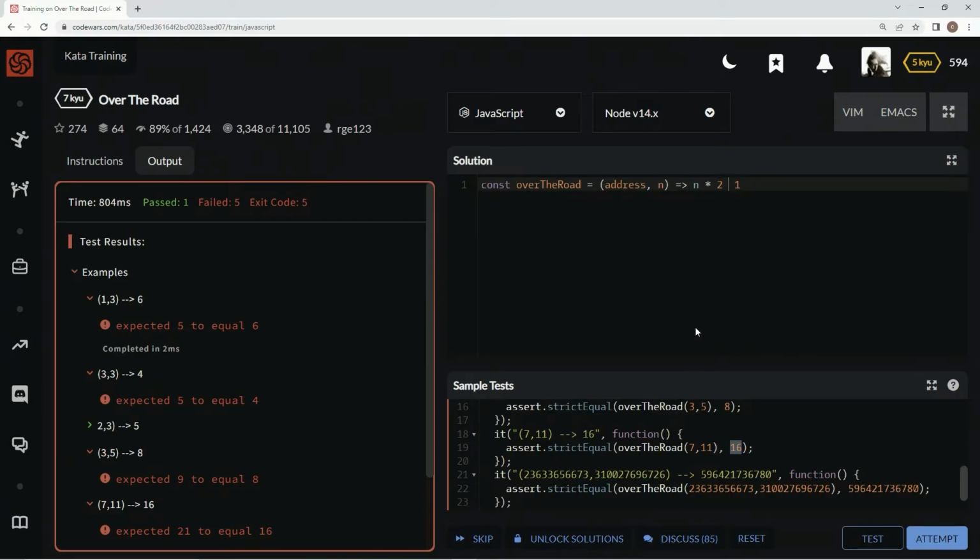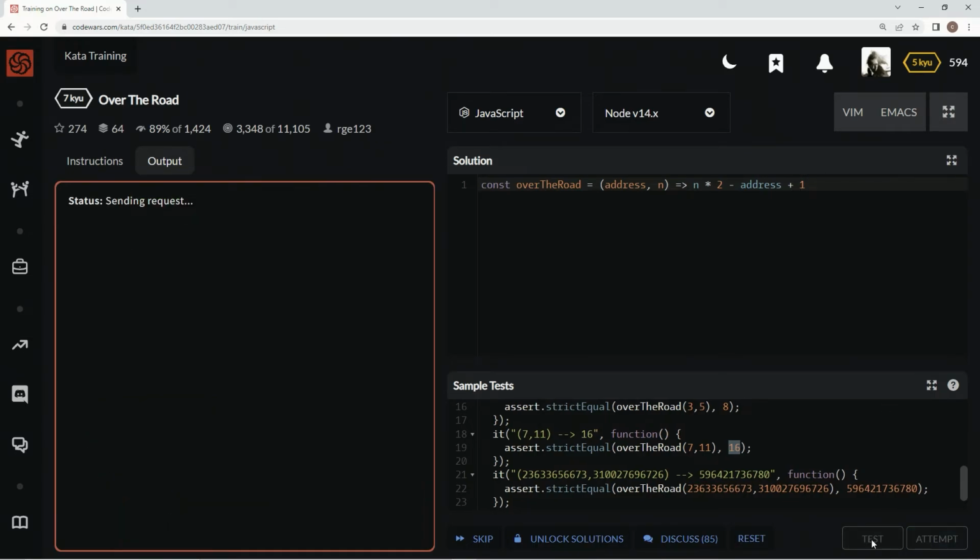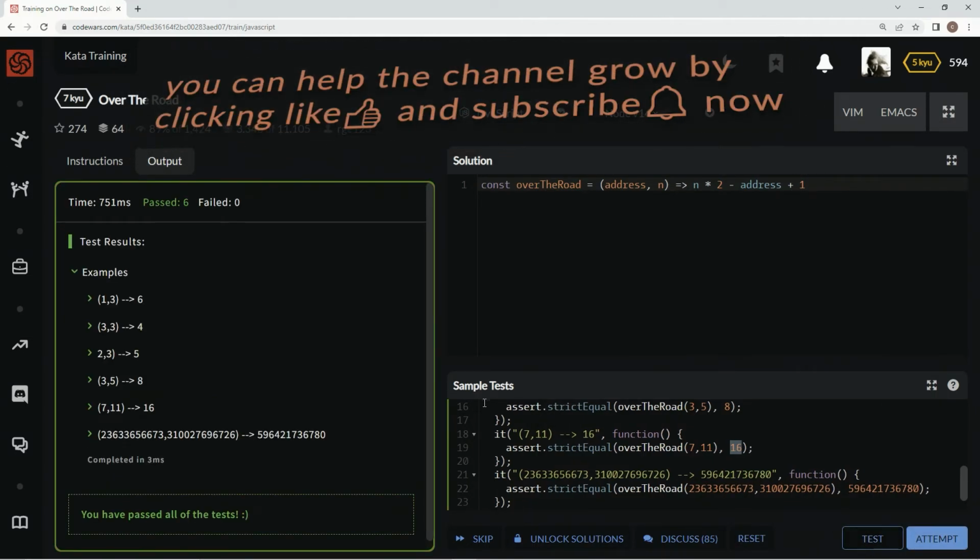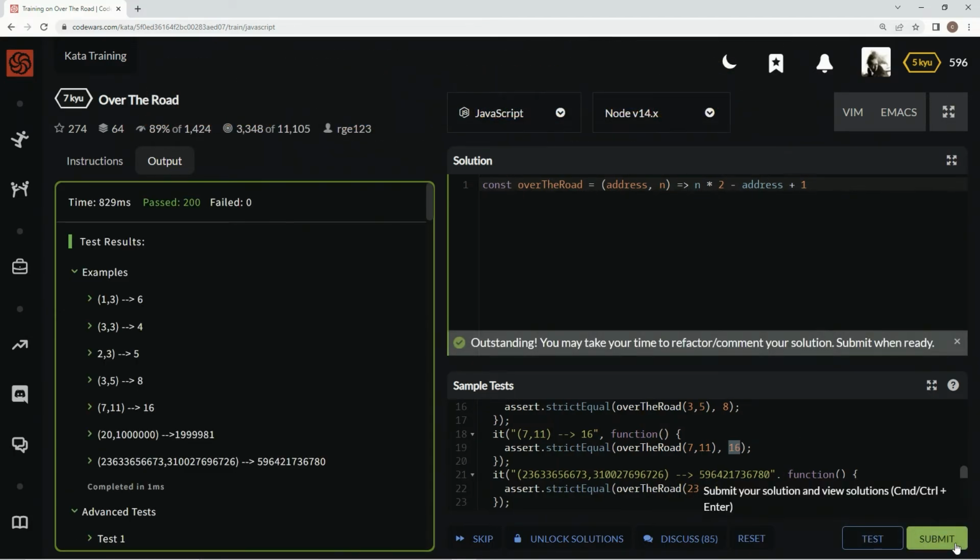This is n, right? Yeah. Times 2 minus address. Minus address. Plus 1. Oh, there we go. Awesome. Attempt it. All right, look at that.